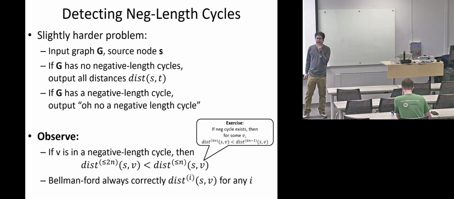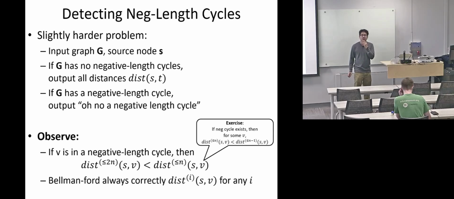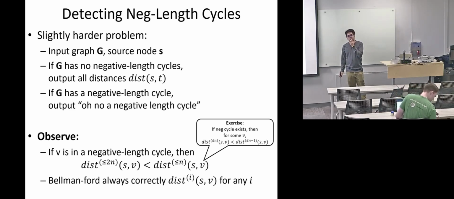Why is that? Because the at most 2n would necessarily take the negative weight cycle. And it is allowed to do that because it can at least take the negative cycle one time, since it's 2n. Very good.